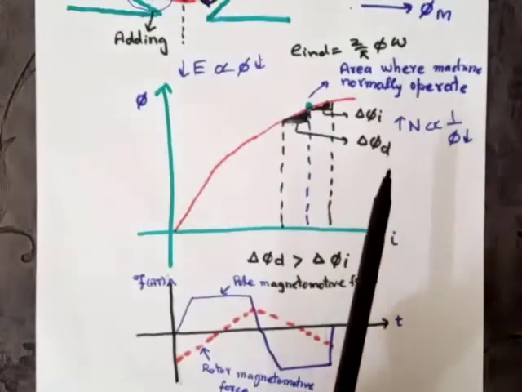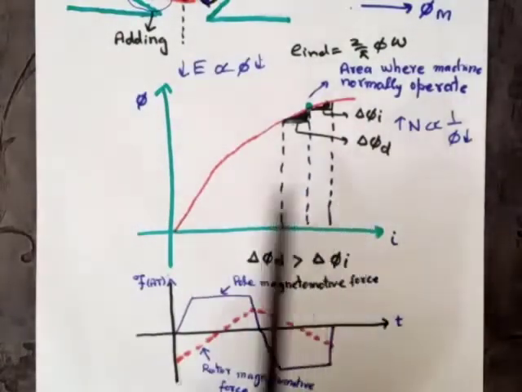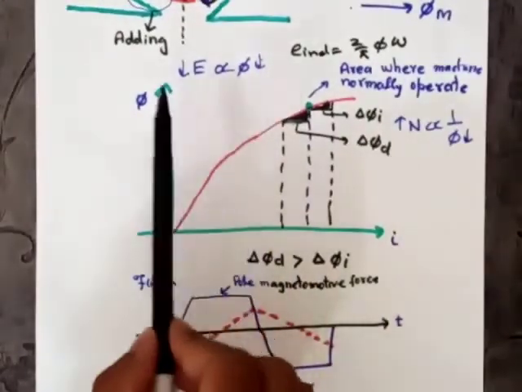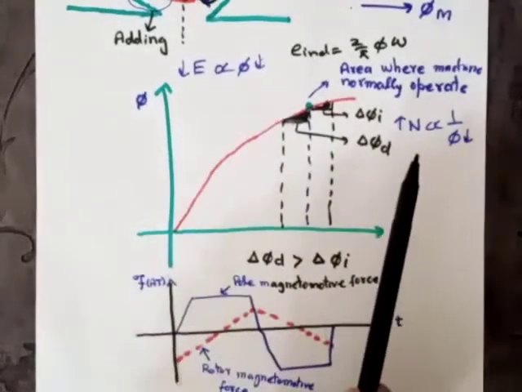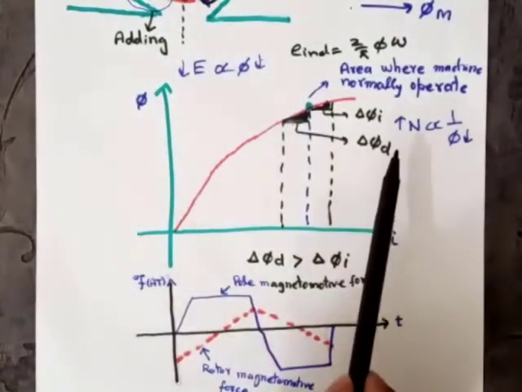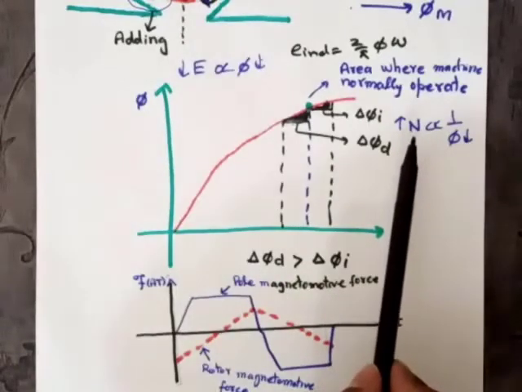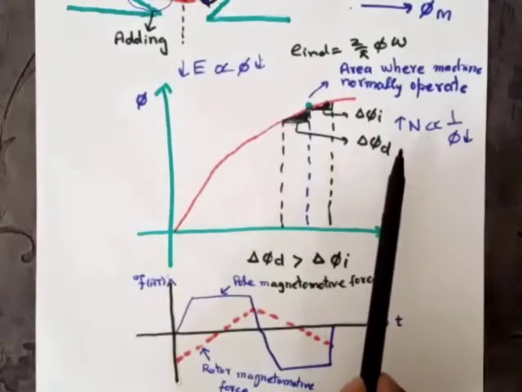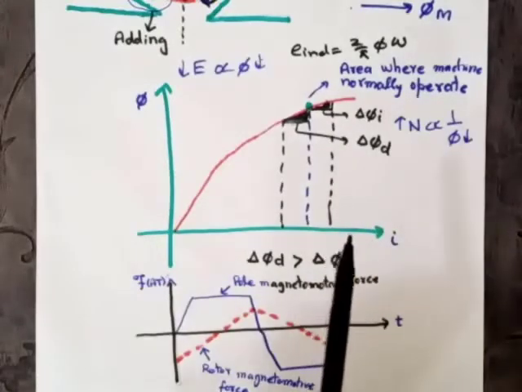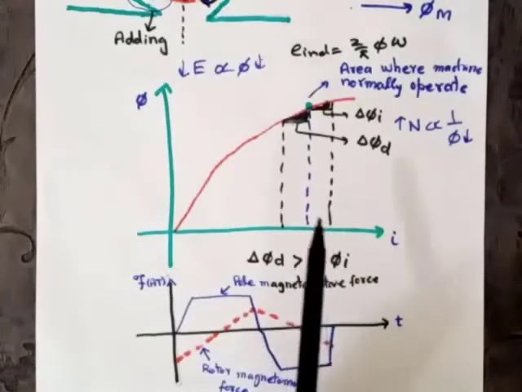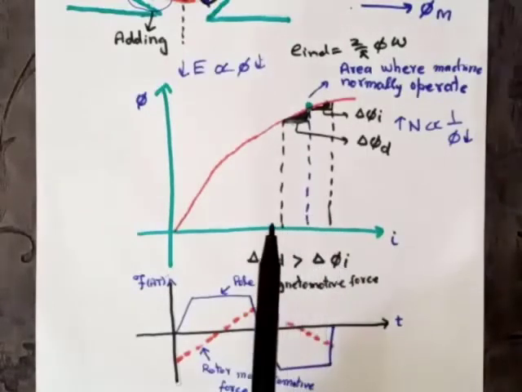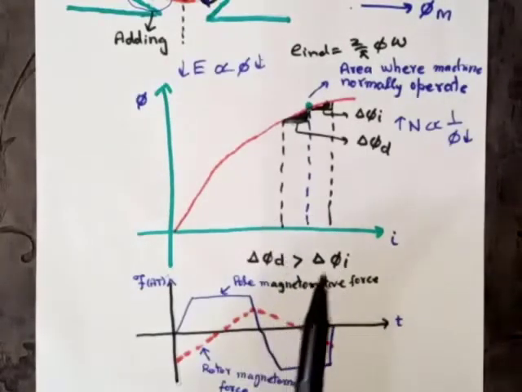If the armature current increases more, then more flux will reduce, more voltage will reduce, and in case of a motor, the speed of the motor will increase more. So this is the second problem which occurs due to armature reaction. Due to this, the flux of the machine is reduced.